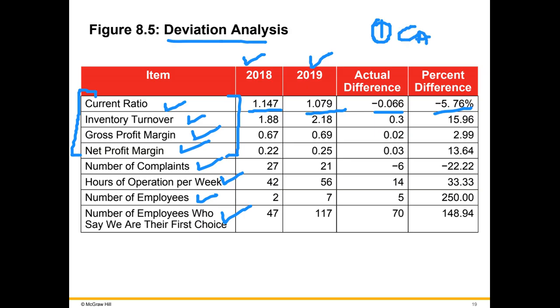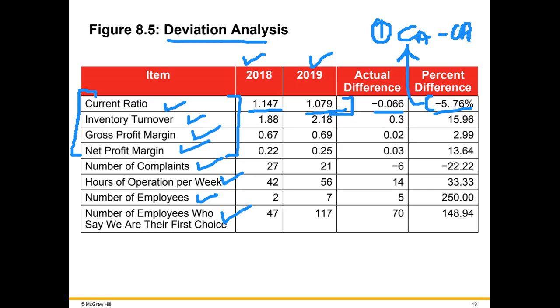Okay. So why has it decreased from 1.14, or like 5%? Probably we have learned over the period of time that maintaining this extra cash, or extra assets, was not required, so we have used them for other purposes. Inventory turnover was like 1.88.